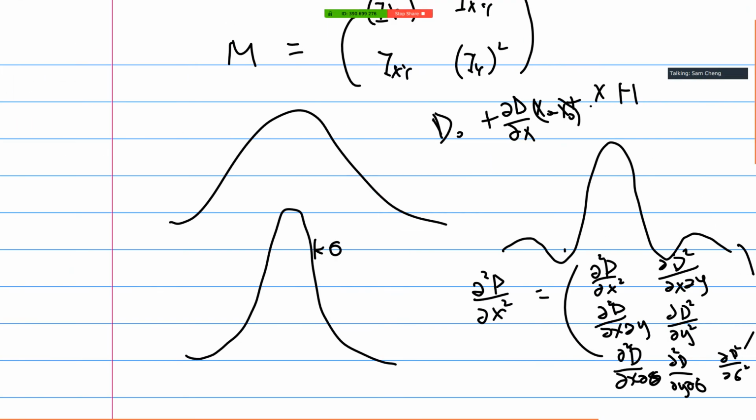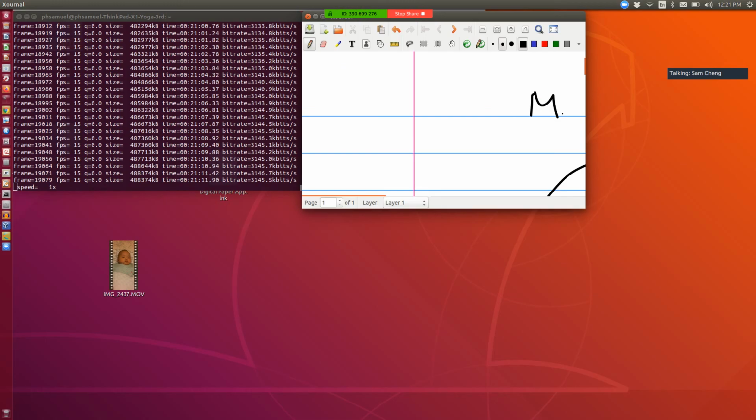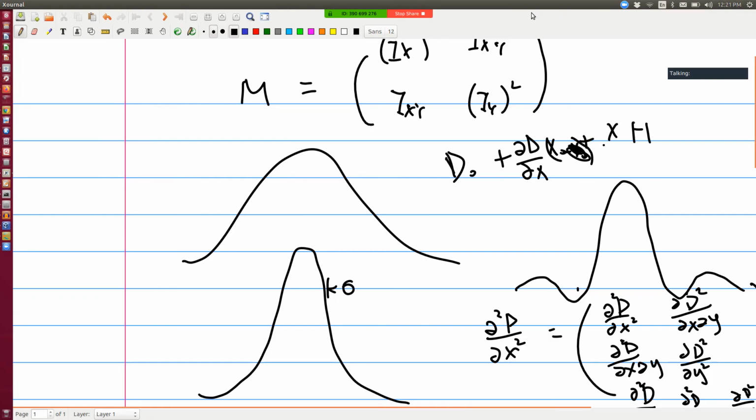Or just x. I assume that the point there is just the origin, so x transpose Hx. Then maybe I put a 1/2 here. Yeah, I put a 1/2 here.